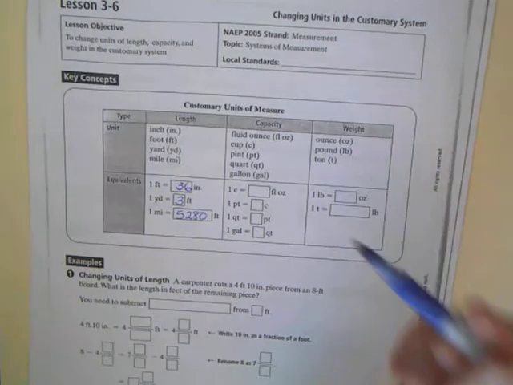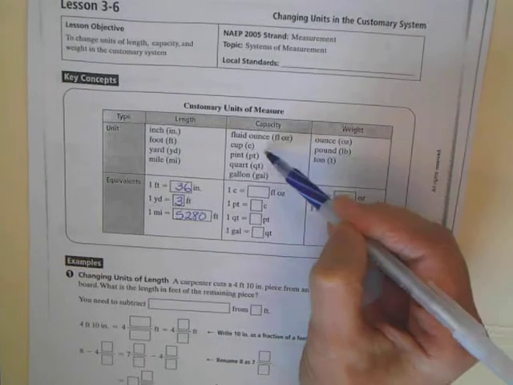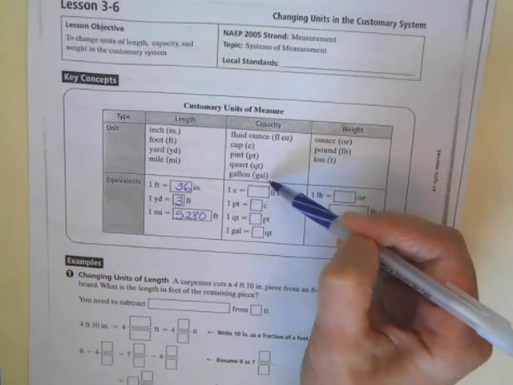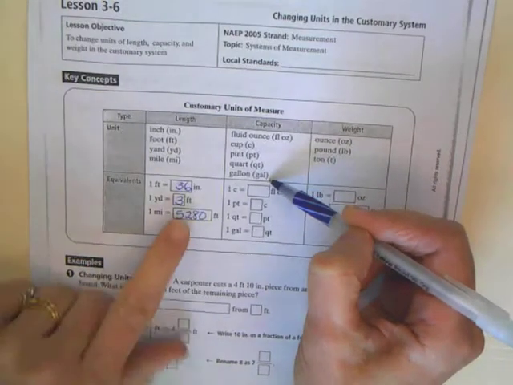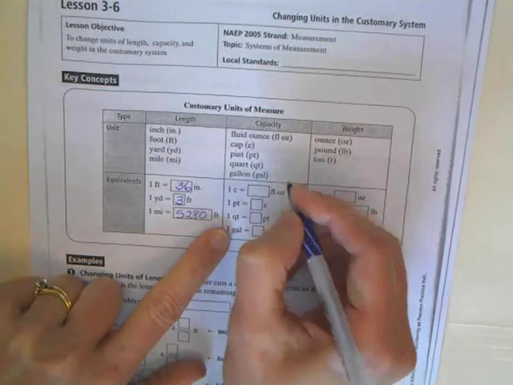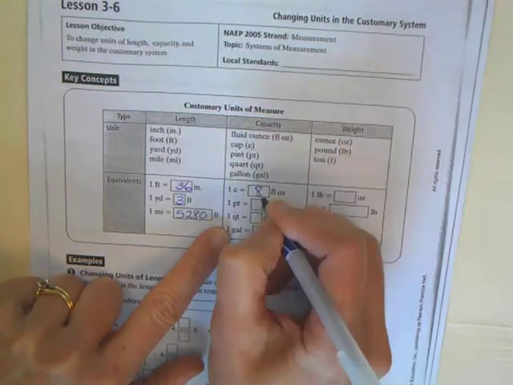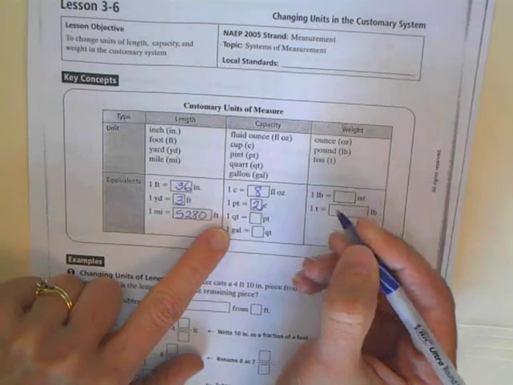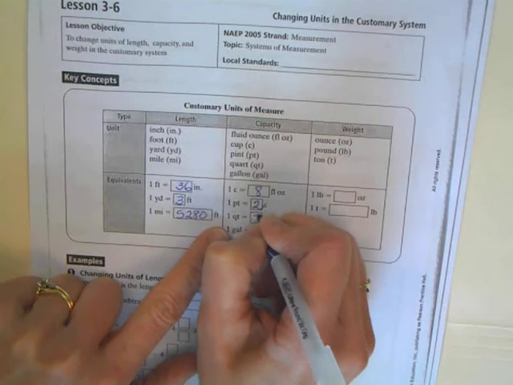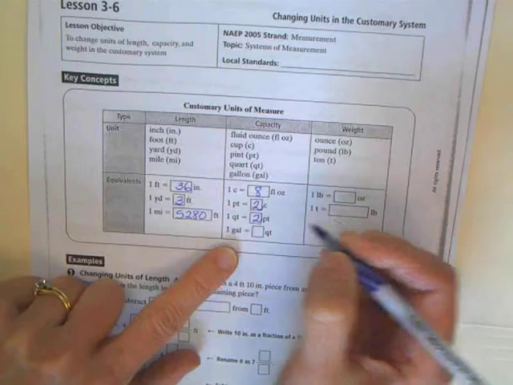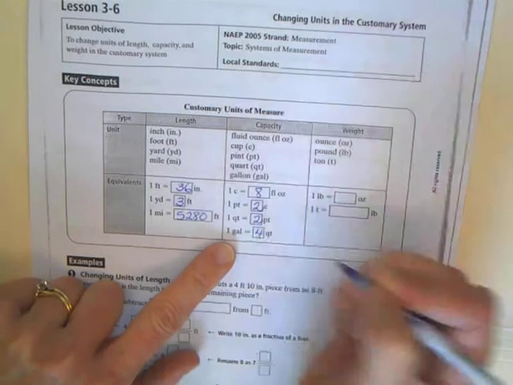Capacity would be fluid ounces, cups, pints, quarts, and gallons. Some equivalents are 1 cup equals 8 fluid ounces, 1 pint equals 2 cups, 1 quart is 2 pints, and 1 gallon is 4 quarts.